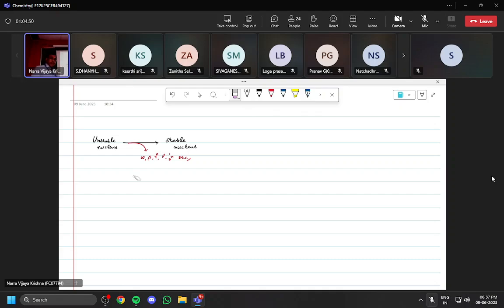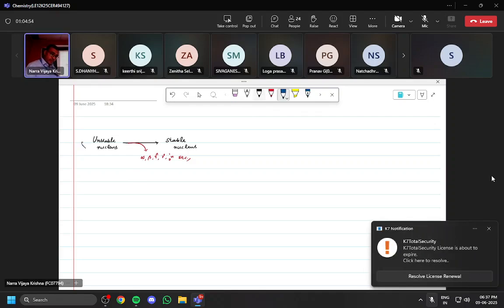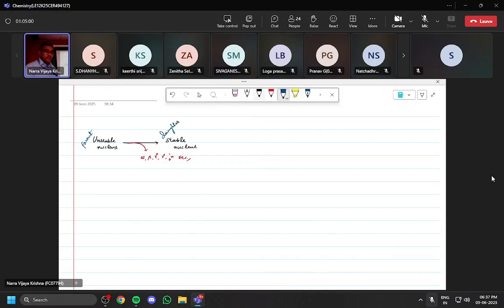We call this the parent nucleus and this the daughter nucleus. If a daughter is unstable, it behaves as a parent and again disintegrates to give another daughter, and it goes on. Clear?